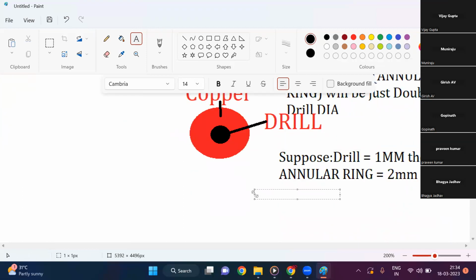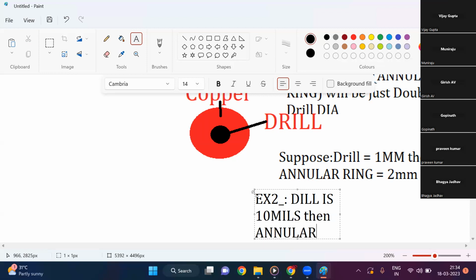Second example: suppose the drill is 10 mil, then the annular ring will be 20 mils.